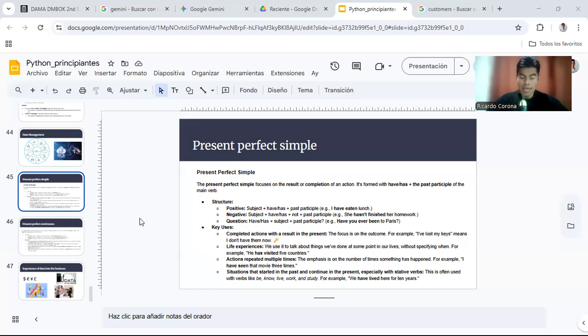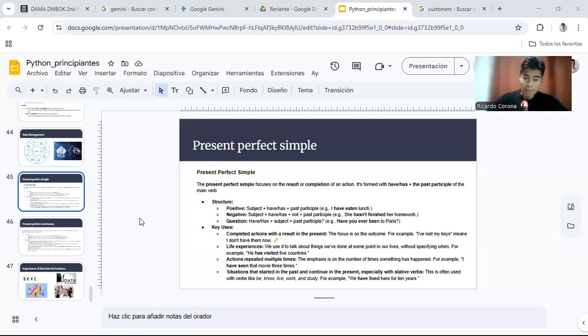For example, he has visited 5 countries. And actions repeated multiple times, where the emphasis is on the number of times something has happened. For example, I have seen that movie 3 times.